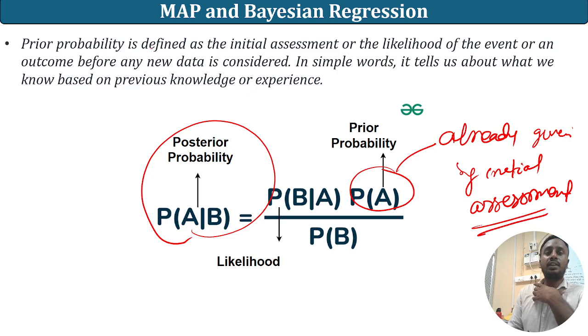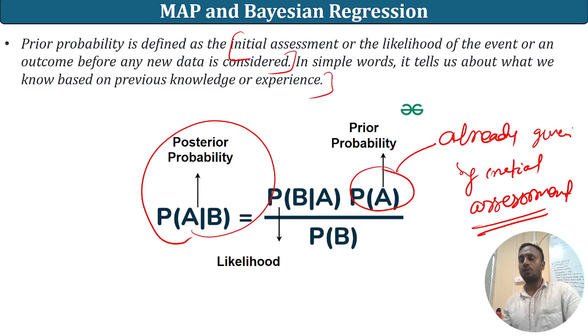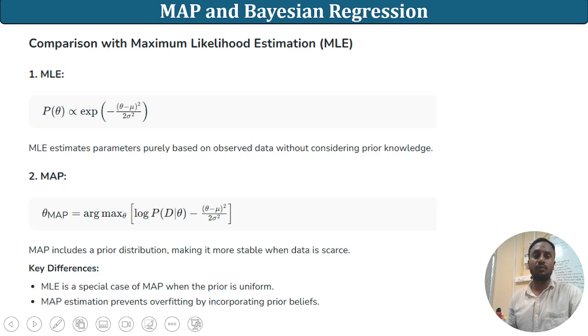The prior probability is defined as the initial assessment or likelihood of an event or outcome before any new data is considered. It's something we know based on previous knowledge or experience, something that already happened, or using some initial assessment.